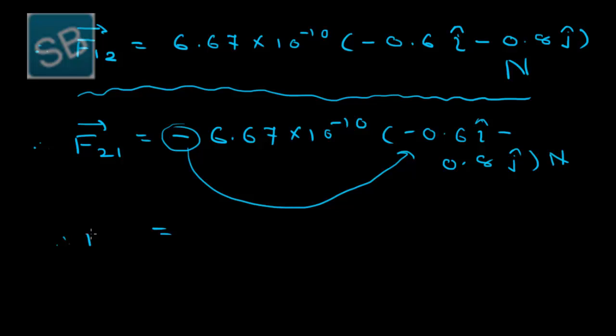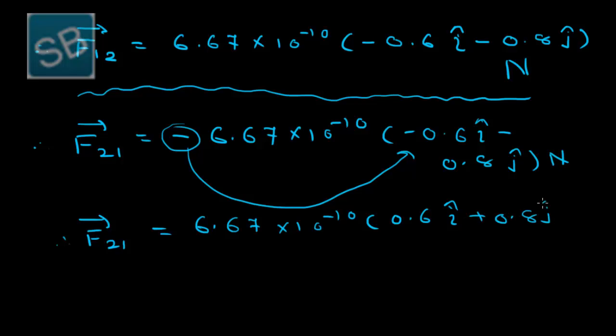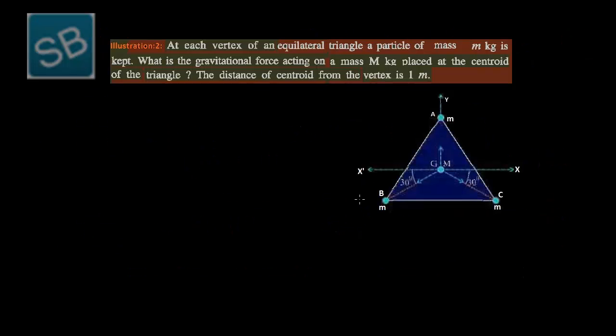So that is equal to 6.67 into 10 to power minus 10 into (0.6 i cap plus 0.8 j cap) Newton. So F12 is equal to minus F21. So both values have been obtained.